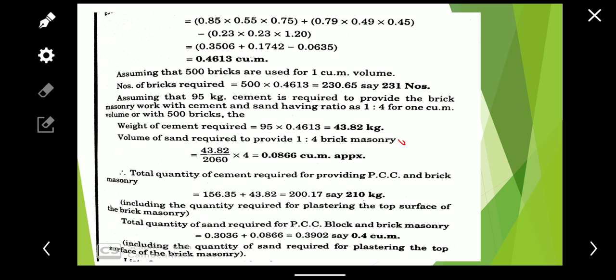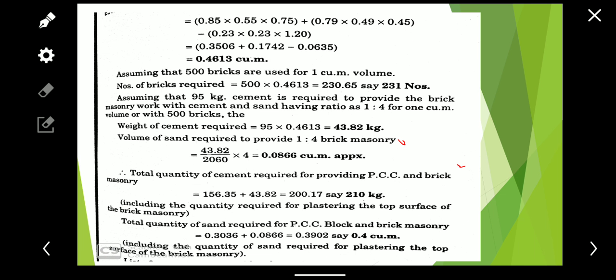Now assuming 95 kg of cement is required for brick work with cement and sand in the ratio 1 by 4 for 1 cubic meter volume, which takes 500 bricks.